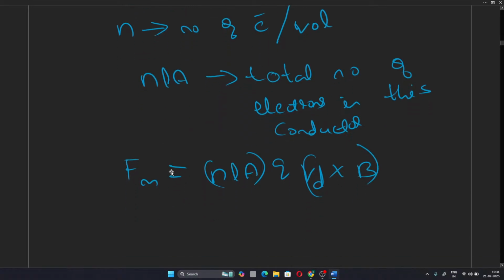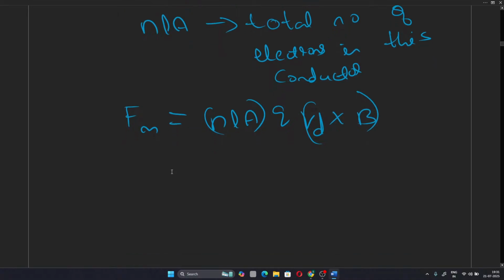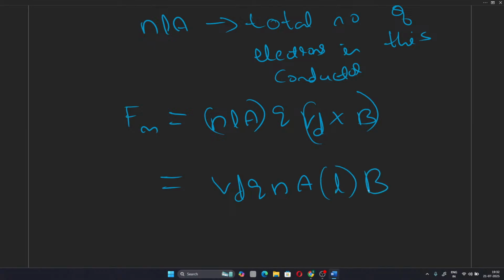We can write this in another way as v_d Q times N A equals length times magnetic field. That is one way of writing it.